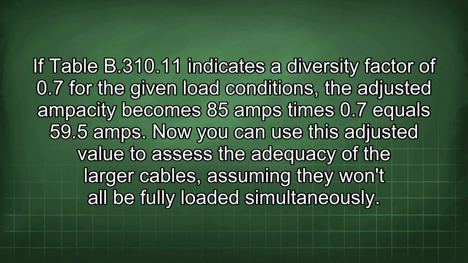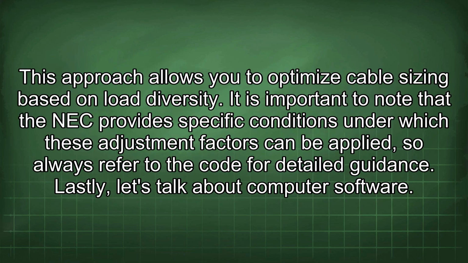If Table B.310.11 indicates a diversity factor of 0.7 for the given load conditions, the adjusted ampacity becomes 85 amps times 0.7 equals 59.5 amps. Now you can use this adjusted value to assess the adequacy of the larger cables, assuming they won't all be fully loaded simultaneously. This approach allows you to optimize cable sizing based on load diversity.